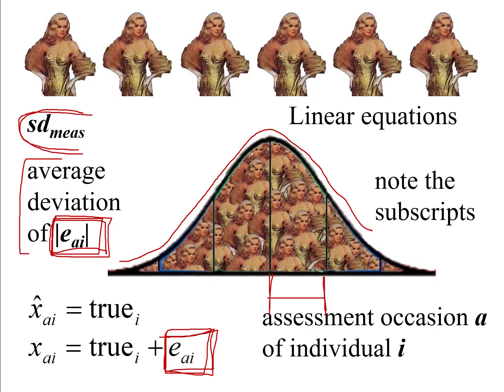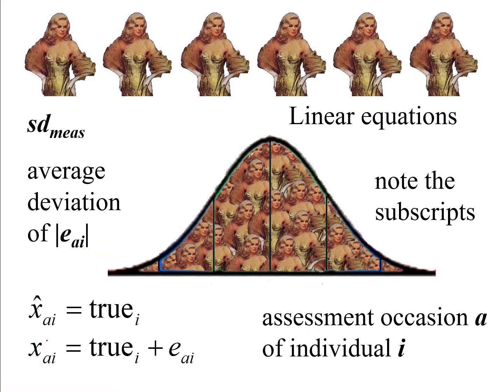So the standard deviation of our distribution, which we call the standard error of measure, gives us the average deviation of the absolute values of these EAIs, the error for assessment occasion A of individual I. And so those are the linear equations we can use to describe measurement error.